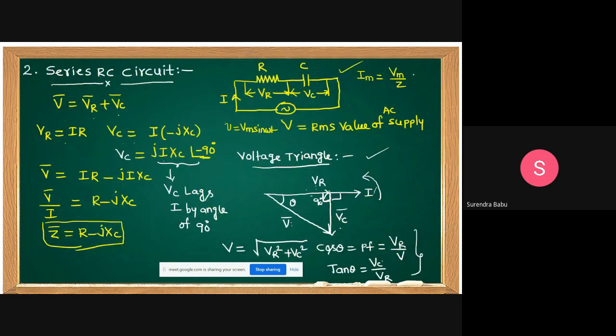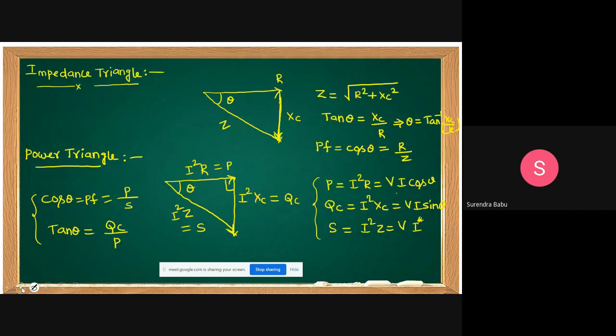Here also Z you already know. If it asks for the maximum value of current, you can apply the formula Vm by Z. Yes, friends, this is about the RL circuit and RC circuit.